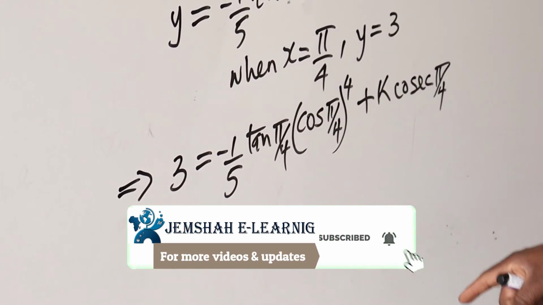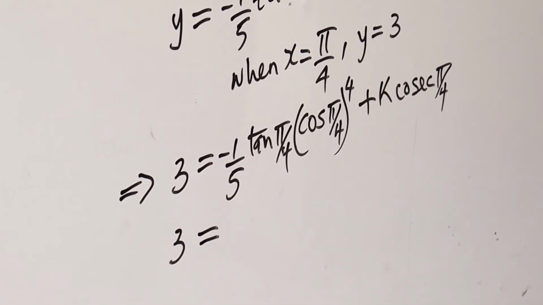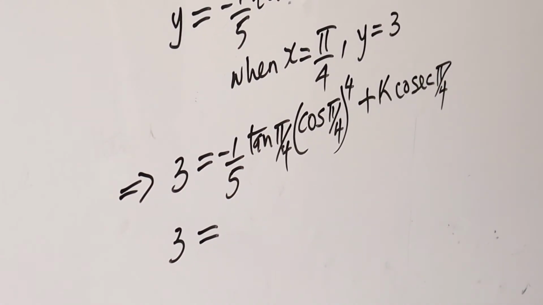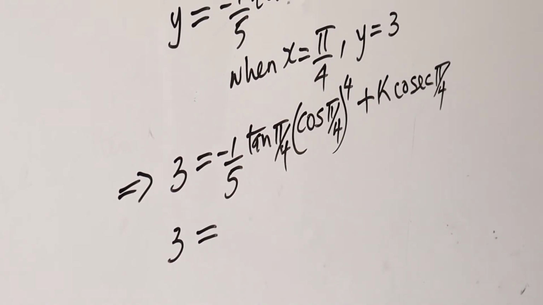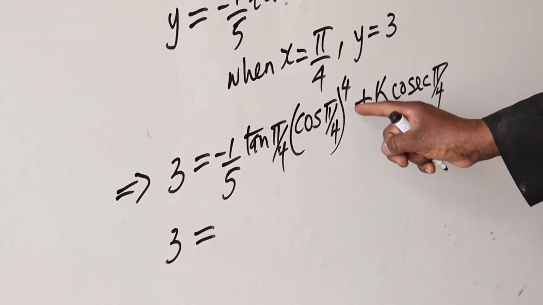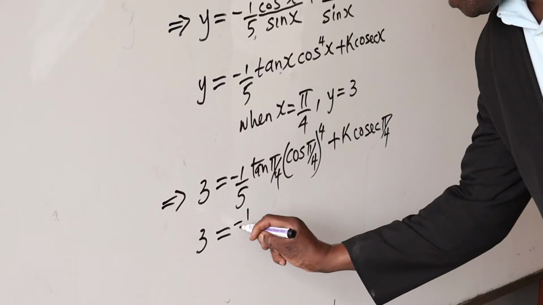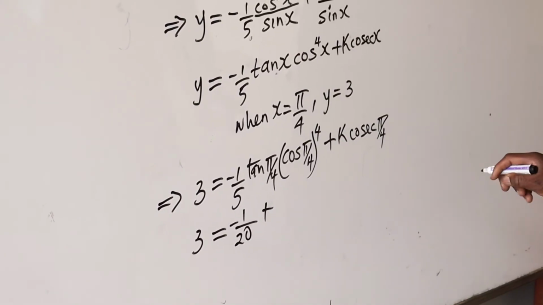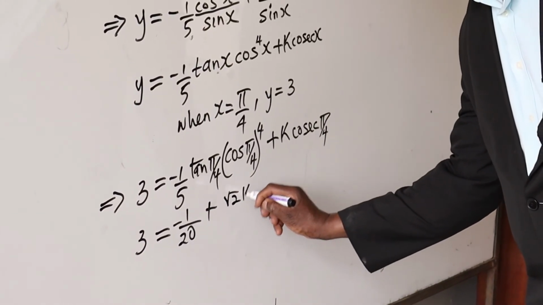Tan pi all over 4 is 1. Cos pi all over 4 is 1 all over root 2. Raised to power 4, 1 all over root 2 is a quarter. So this is minus 1 all over 20 plus root 2 k.